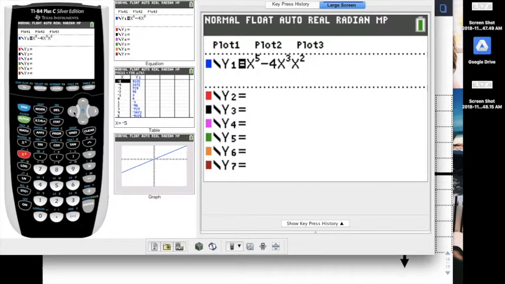Oh, whoops, I should have had a plus x squared. I did not like that there. There we go. Plus x squared, and then minus 4.